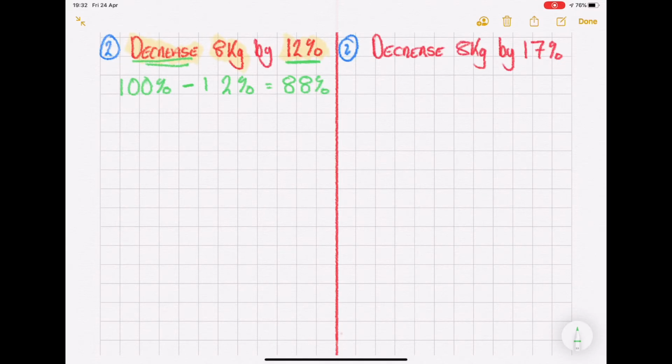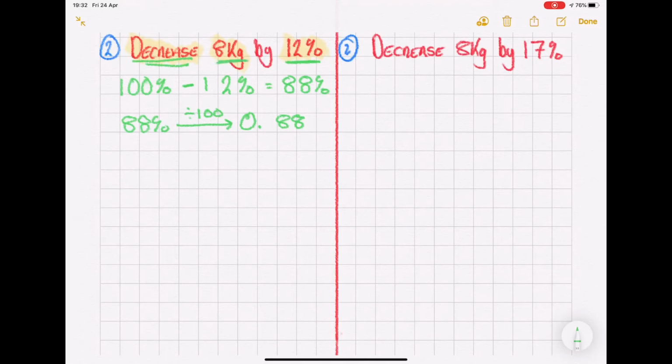So from here on in, it's going to look very similar to the first one. We need to find now our percentage multiplier. So 88% divided by 100 gives us 0.88.